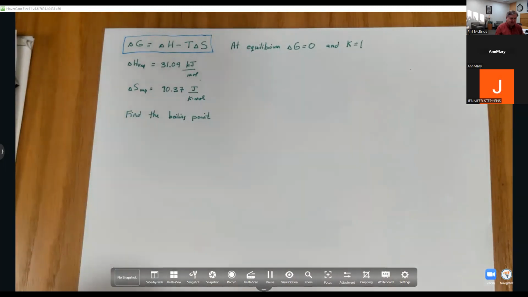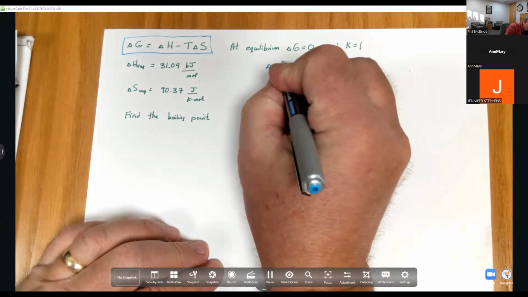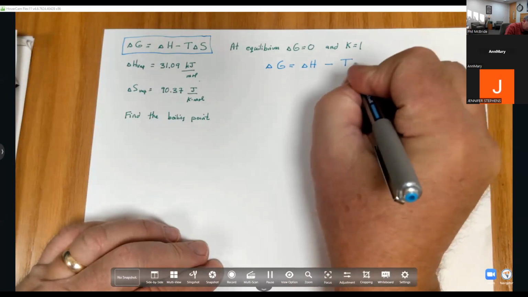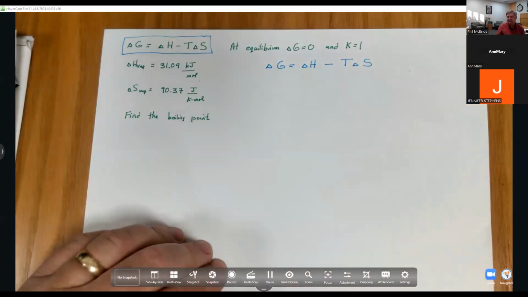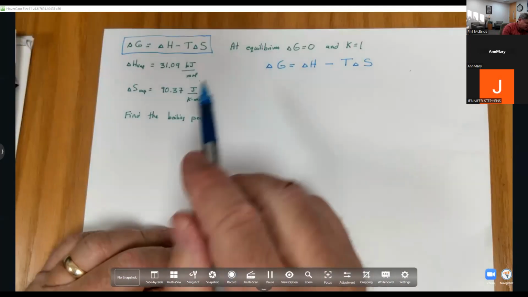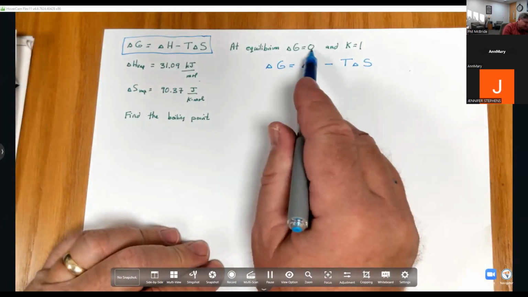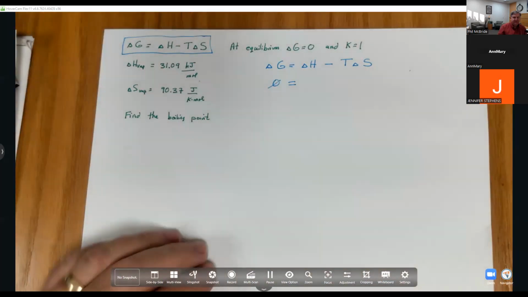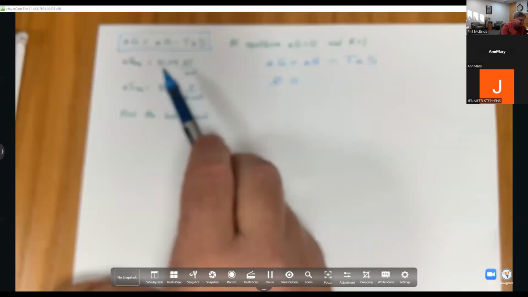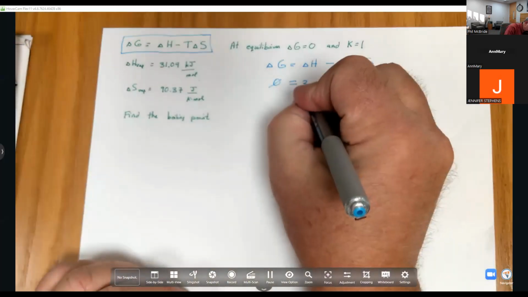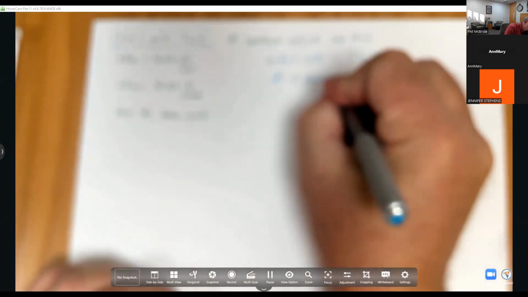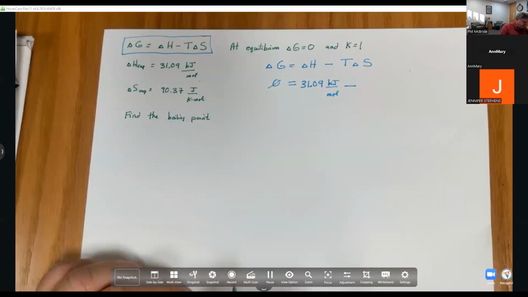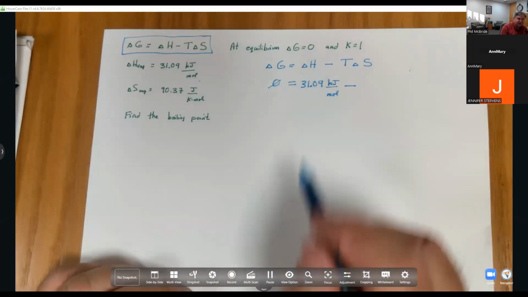So to do this problem, we're going to use delta G equals delta H minus T delta S. I know that delta G at equilibrium is 0, so I'm going to put in 0 for delta G. Delta H is 31.09 kilojoules per mole, minus temperature.